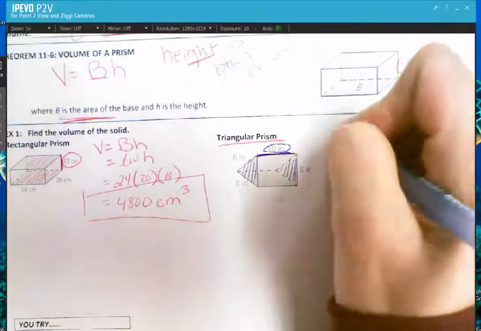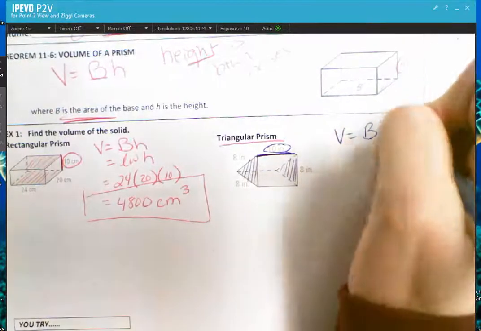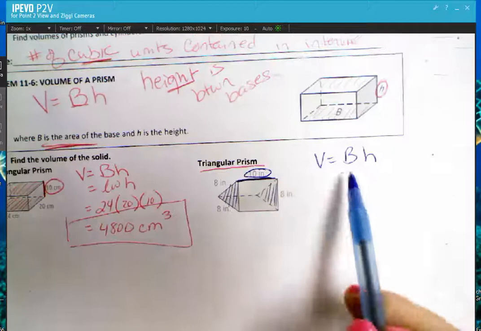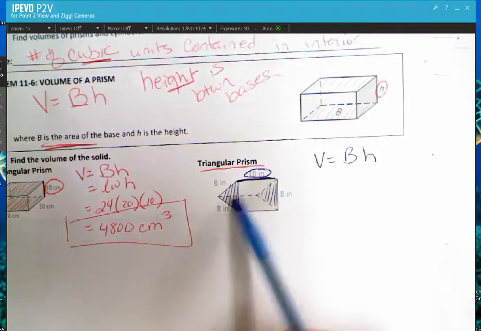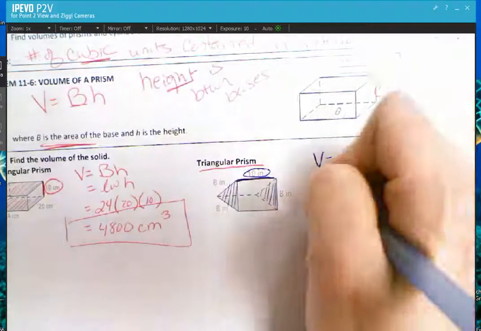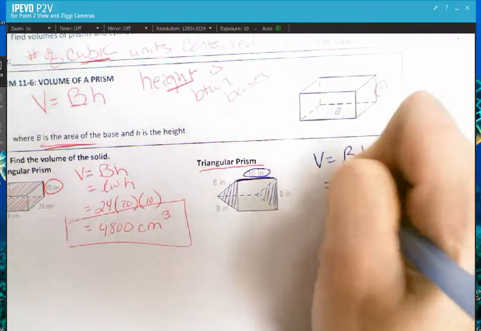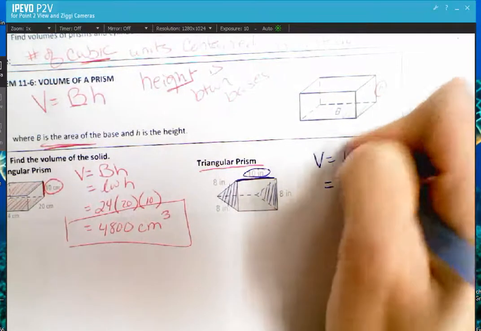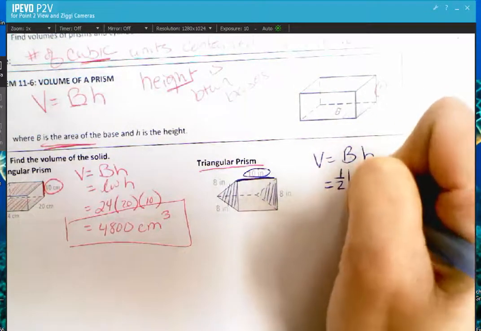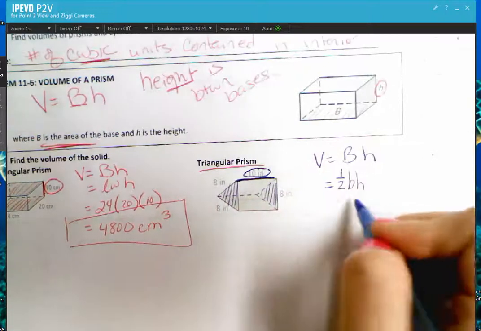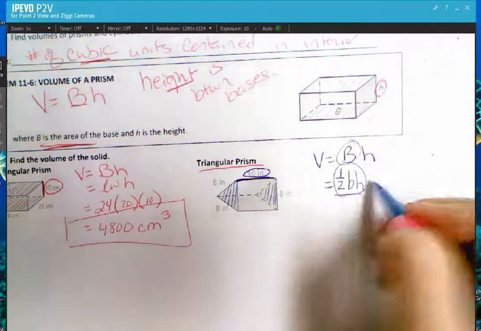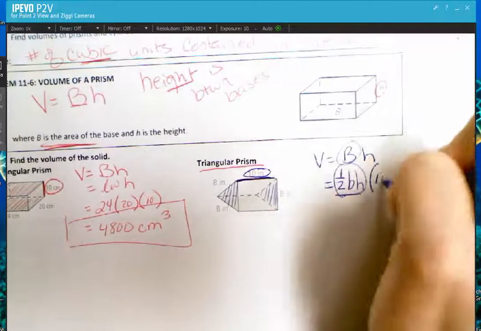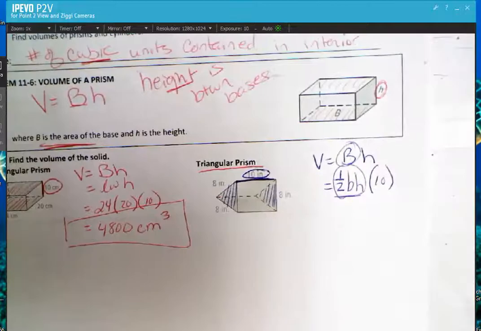I start with volume equals base, capital B, times height. Big B means the base area of the figure, and my bases are triangles. So I know the area of a triangle is 1/2 base times height. Being careful, now I'm talking about just the triangle area, times my height, which is between the 2 figures, so I'm going to fill that in.